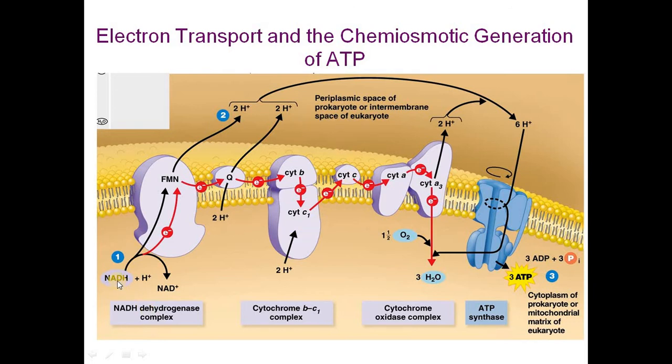So the starting of the electron transport chain will be when the NADH will give the two electrons and then go from its high to its low energy state. I mean, this image shows one electron, but there are always two electrons which are being shuffled.